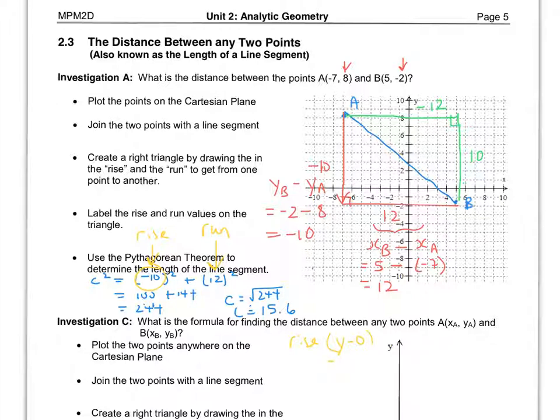So the rise squared gave us a y squared. My run, I found out from the other investigation, was x take away 0, all squared, which ends up just being x squared. And then my equal sign didn't come through there. Okay, so we're going to use that information to come up with a generic formula on the next slide.